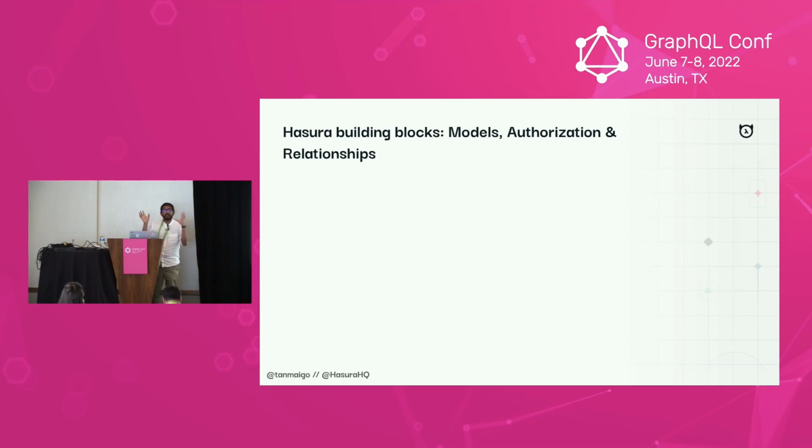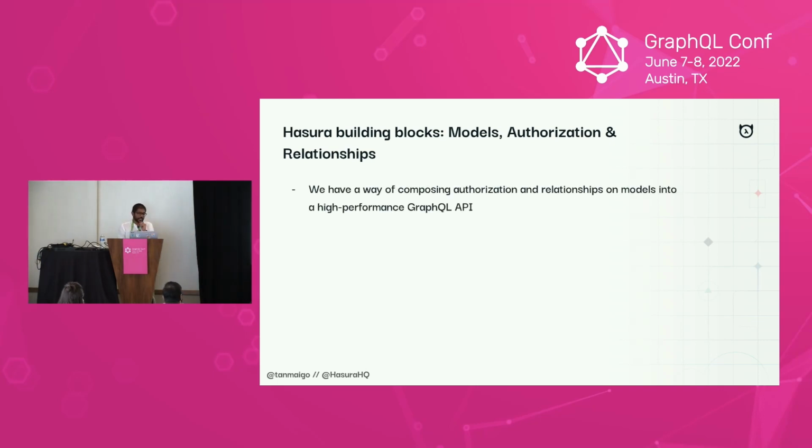And the third thing is that multiple models can have relationships, and these relationships are composed into an API. So that's the underlying building block that Hasura has. I'll go over a little bit of that and talk about where this point of attack is. This input of models, authorization and relationships is given to Hasura, and Hasura creates this output, which is the high-performing GraphQL API for those models.